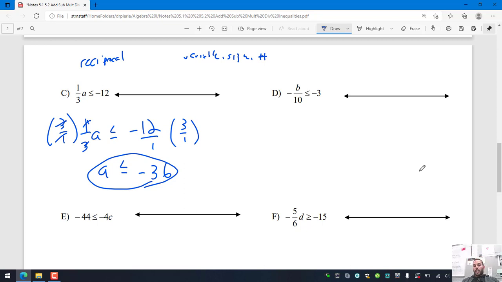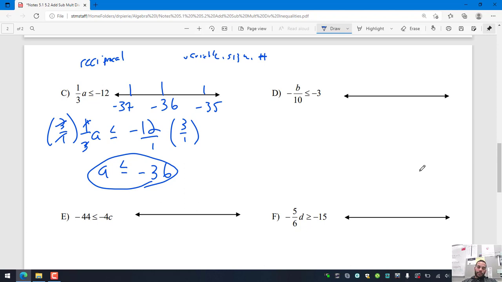So now I go through the steps. First step, label 3 numbers on the number line. The middle number is what you solved for, negative 36 smack dab in the middle. What's one number to the left of negative 36? One number smaller than negative 36 would be negative 37. And then one number bigger than negative 36, one number to the right of it, would be negative 35.